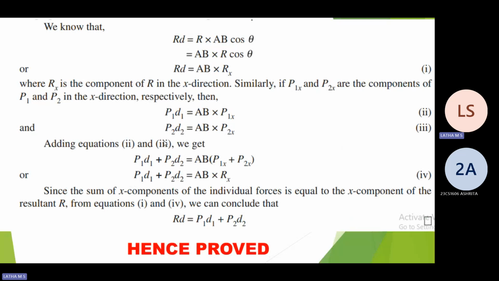That is what we did here. I said this is the final equation. This is what you are getting here. Further, the X component and Y component we can generalize as R into D is equal to P1 D1 plus P2 D2.